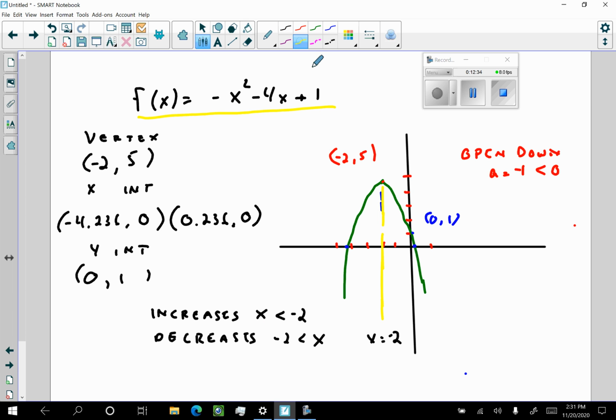So I've got increasing. I've got decreasing. I don't like that increasing in yellow. I have my line of symmetry. I'm increasing and the graph is concave down. I think that's it, folks. It's just another example. And I will see you.